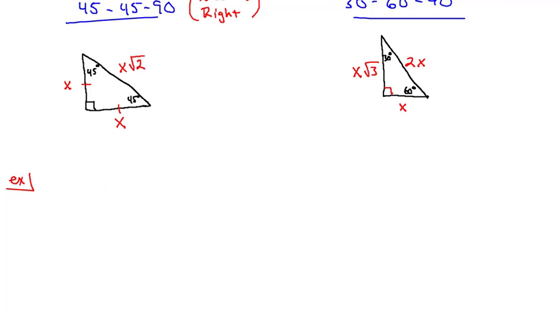All right, I'm going to draw another 45, 45, 90 triangle. So we'll put 45, 45, and 90. And then I'm going to go around and label the sides, and we're going to see if we can figure out how long everything is.